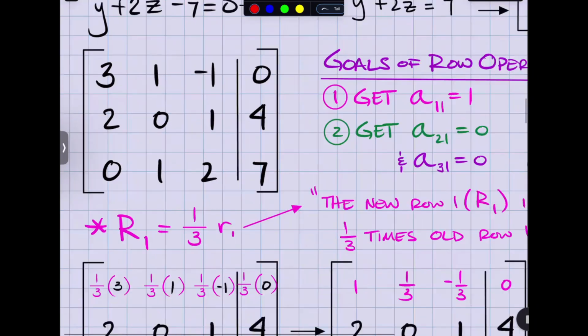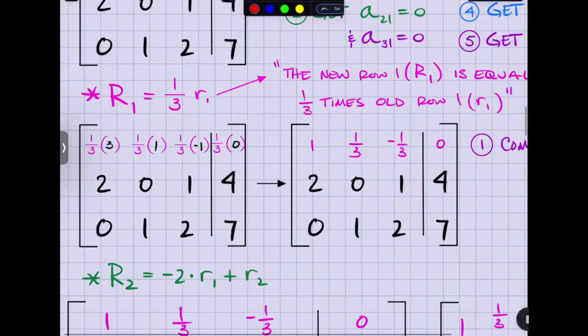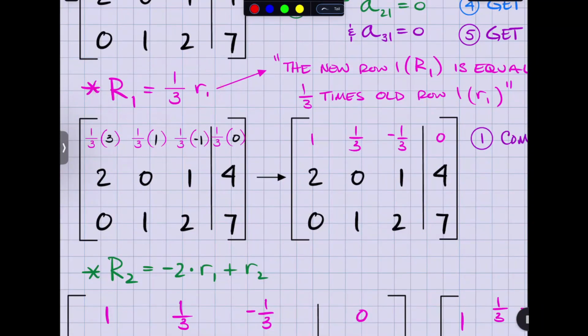So if you notice, the way we read this is this. The new row 1 is going to be 1/3 times the old row 1. So again, the new row 1 is equal to 1/3 times the old row 1.